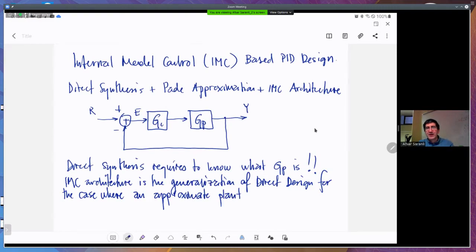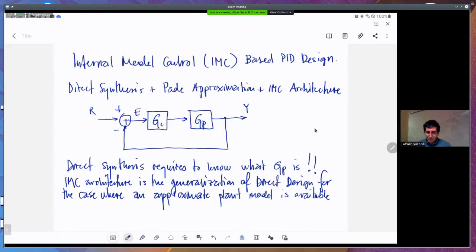We will assume that we have essentially an approximation of the plant, where an approximate plant model is available.